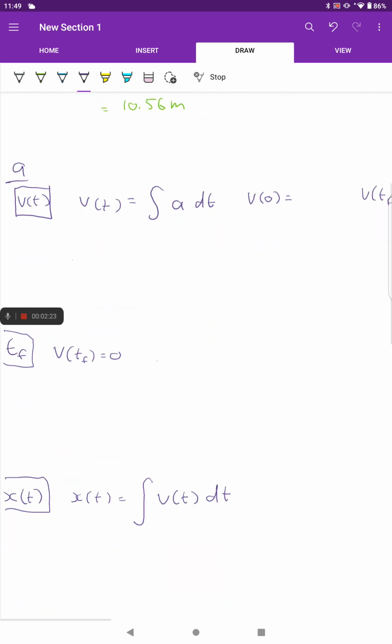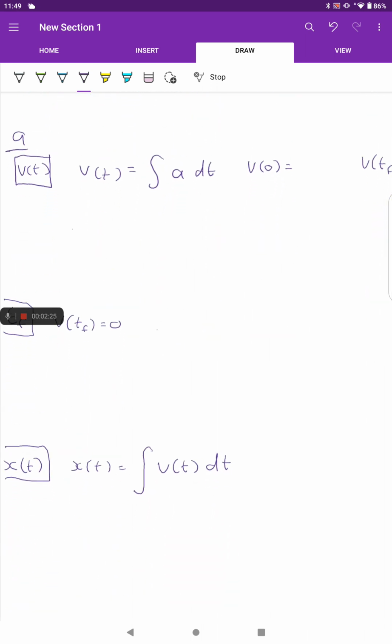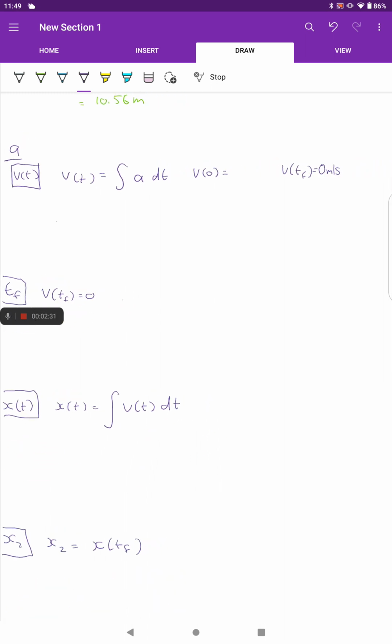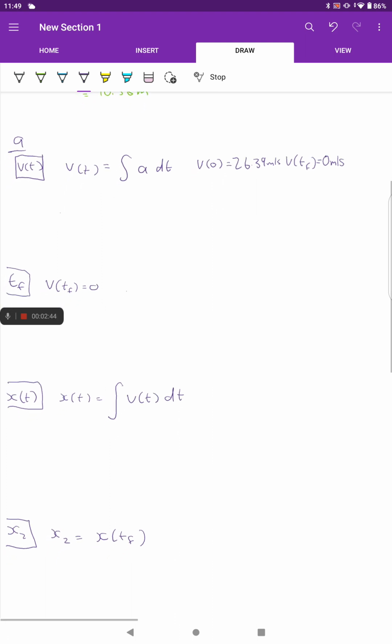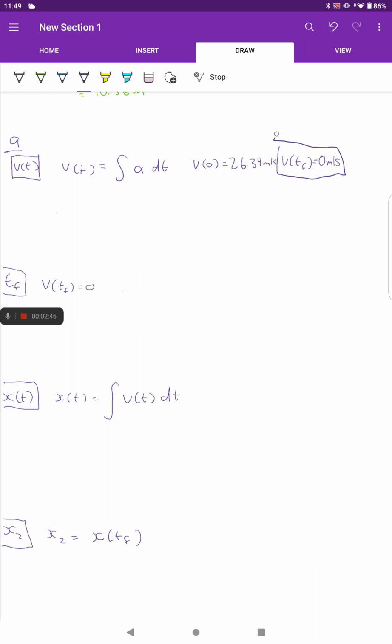Now, the velocity as a function of time is given by the integral of the acceleration over time. We are given that v0 is equal to, once again, 26.39 meters per second, and then our final velocity is 0, since we are dealing with a problem where we are coming to a complete stop.